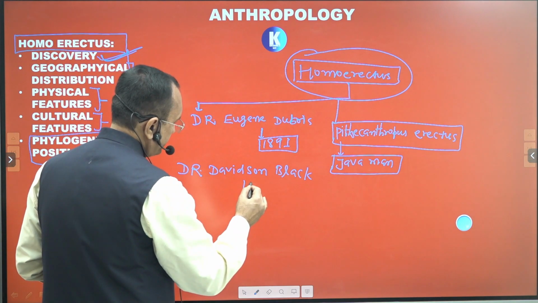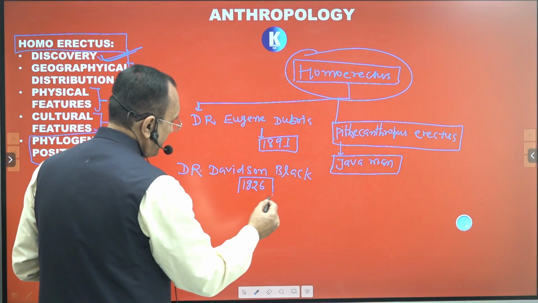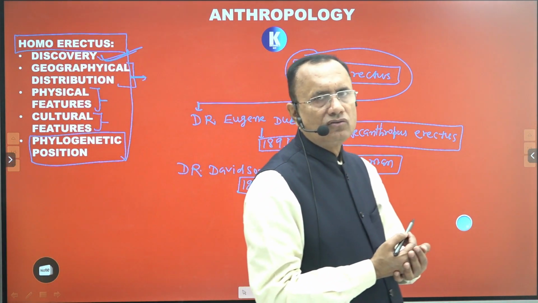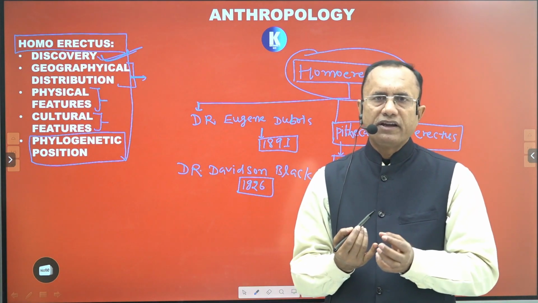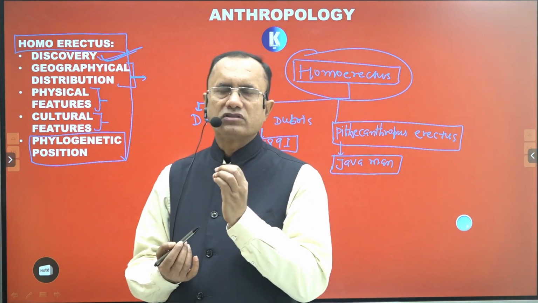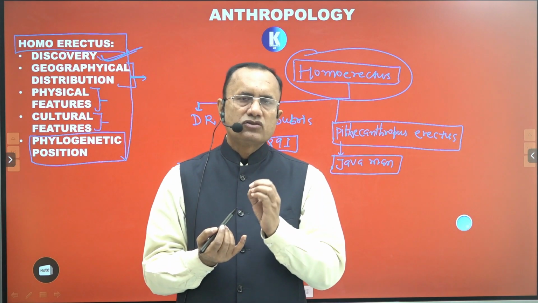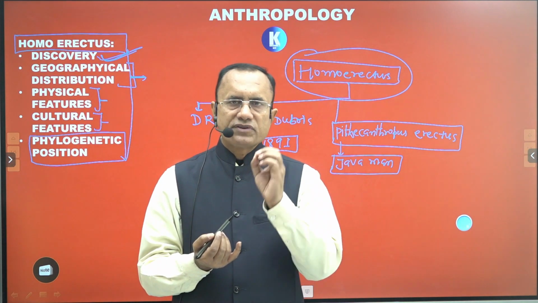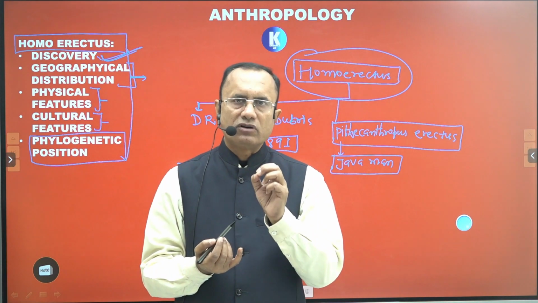He discovered fossils related to Homo erectus in 1926 from Jkpcs cave near Peking, and he gave the name of that fossil as Sinanthropus erectus, which is also known as Chinaman or Peking man, right? So first you have to talk about the discovery of that particular fossil.